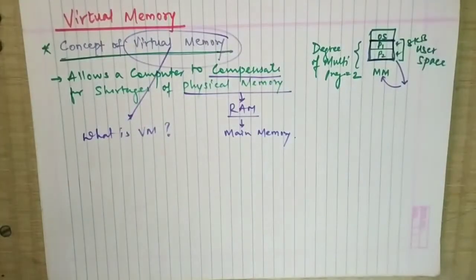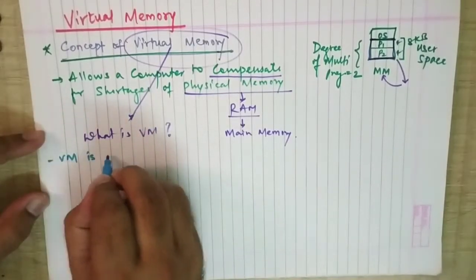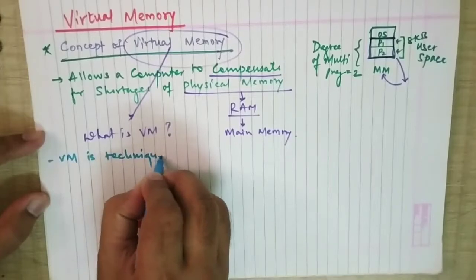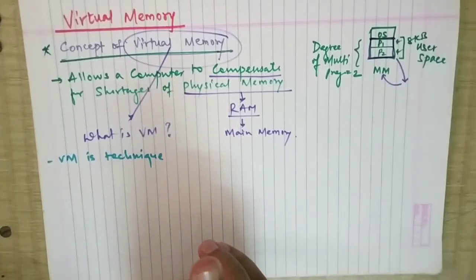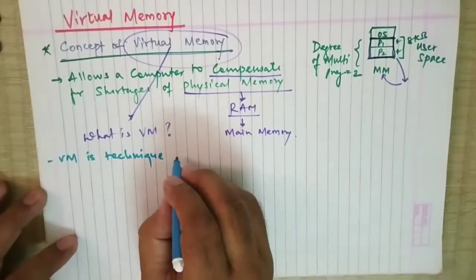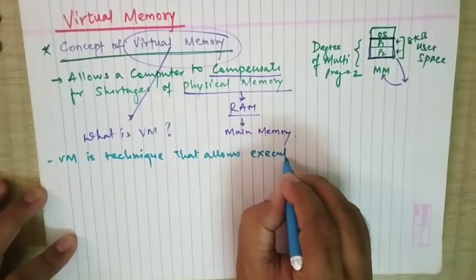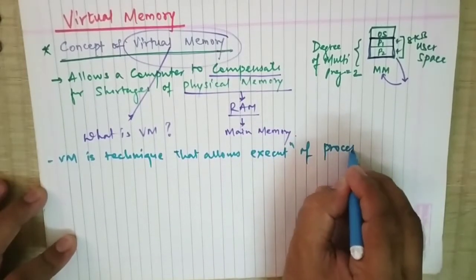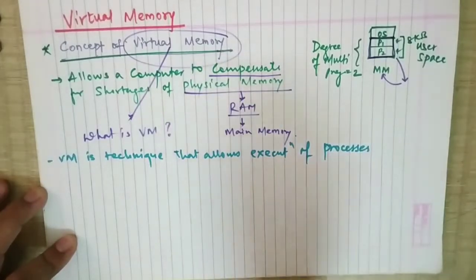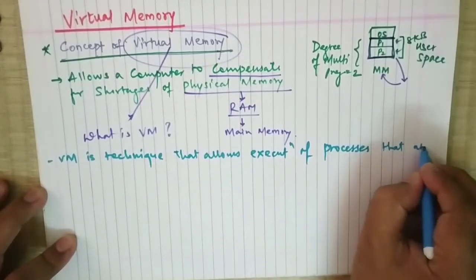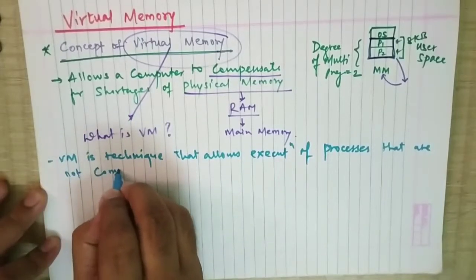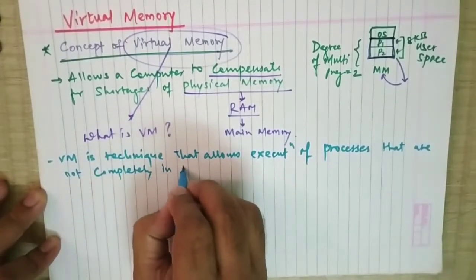This is the question before us. Virtual memory is a technique that allows the execution of processes that are not completely in the main memory.